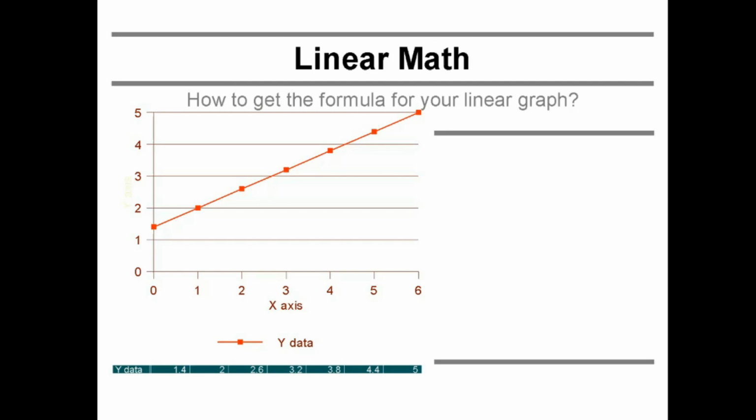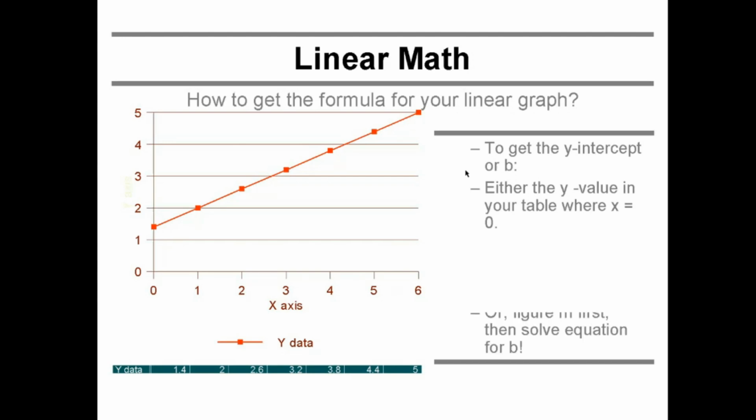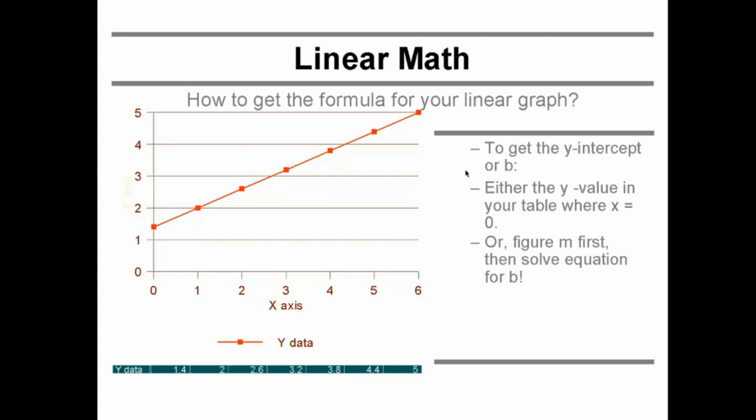All right, let's do this again. How do you get the point where my graph intercepts the y-axis? It's called the y-intercept, or the b for my equation. So either the y value in your table where x equals 0, if I have that, sometimes I don't, or you first get m and then solve my equation for b.